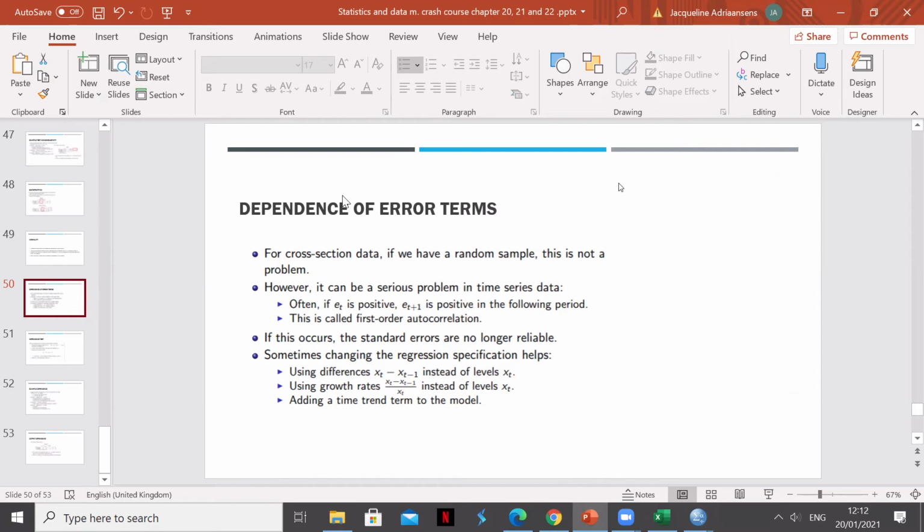And if we have cross-section data, this is usually not a problem, because we take 100 people from the population, from all states or something, and you hope that they're independent. But if you take time series, then probably today will be related to yesterday, and tomorrow might also be related to today.